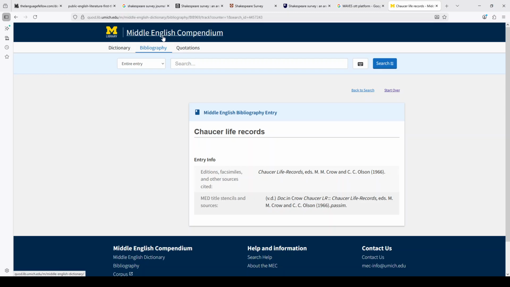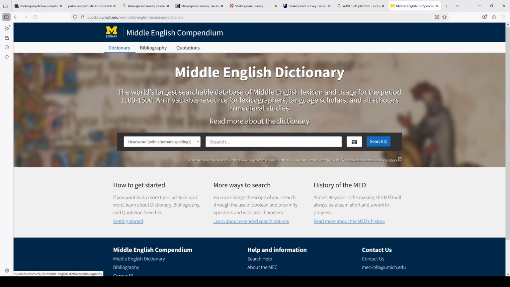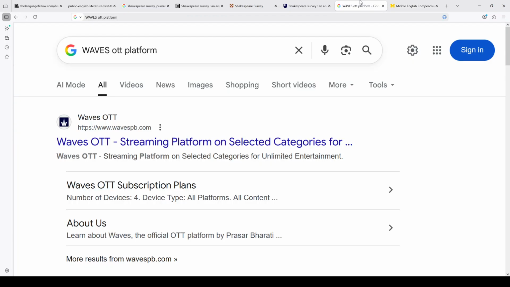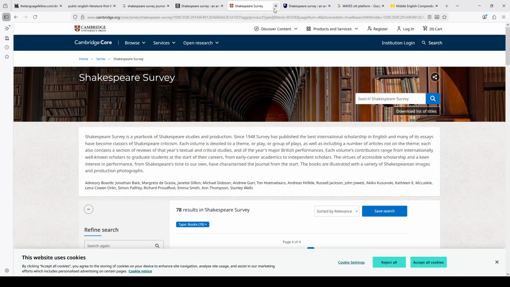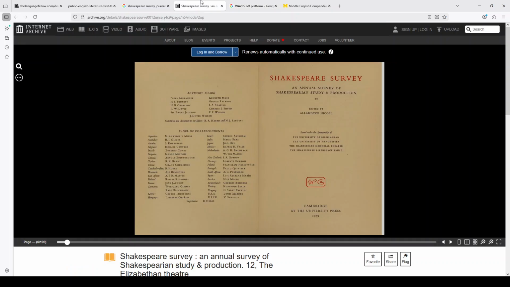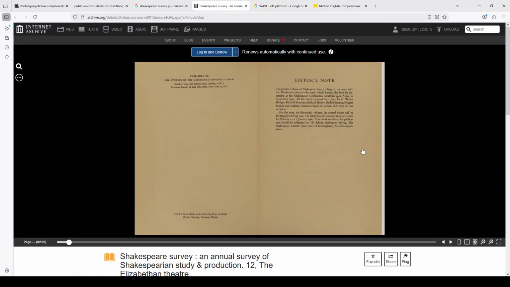So Middle English Compendium, I know about this because I have had an interest in Chaucer, that kind of thing. So that's one. Shakespeare Survey, YWES, Shakespeare Survey, you can see that some of it is available for you to use directly.